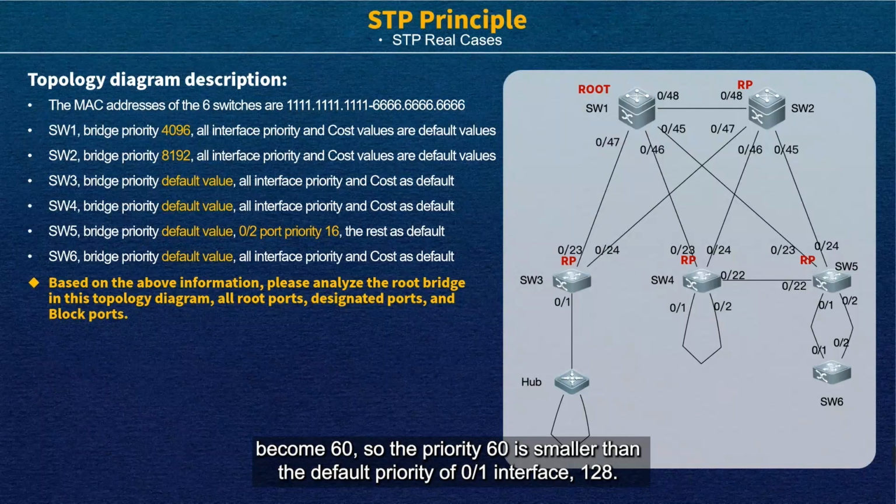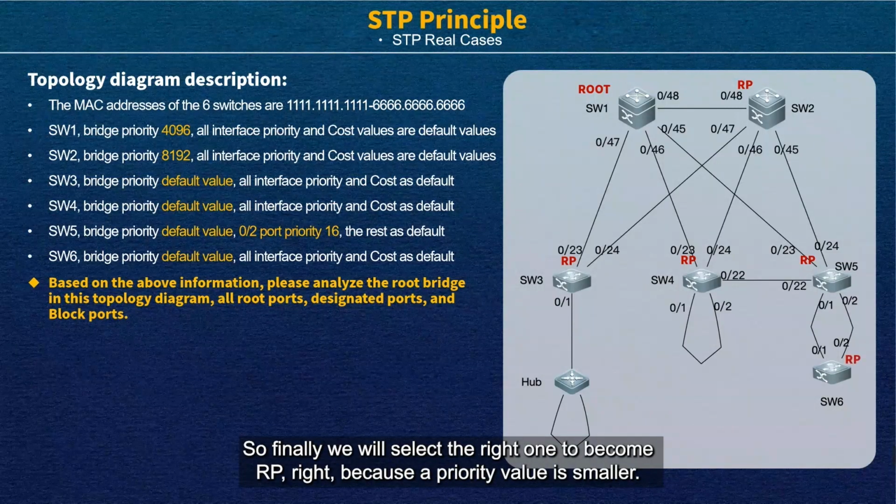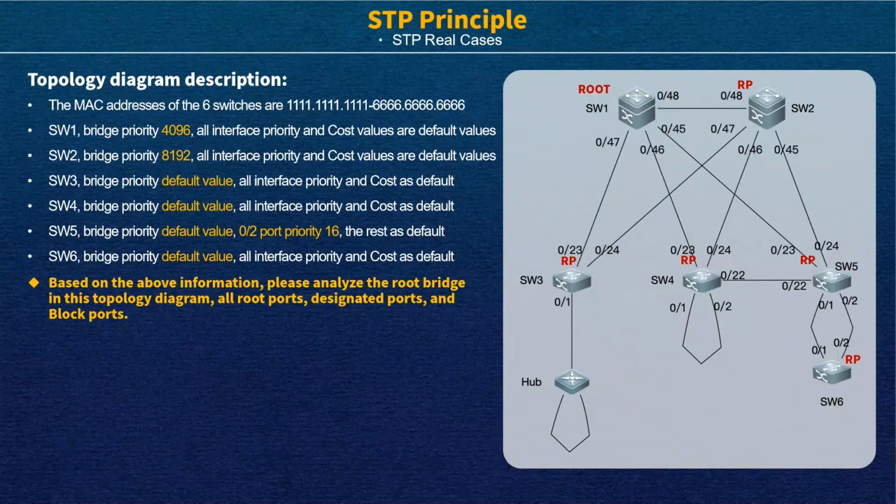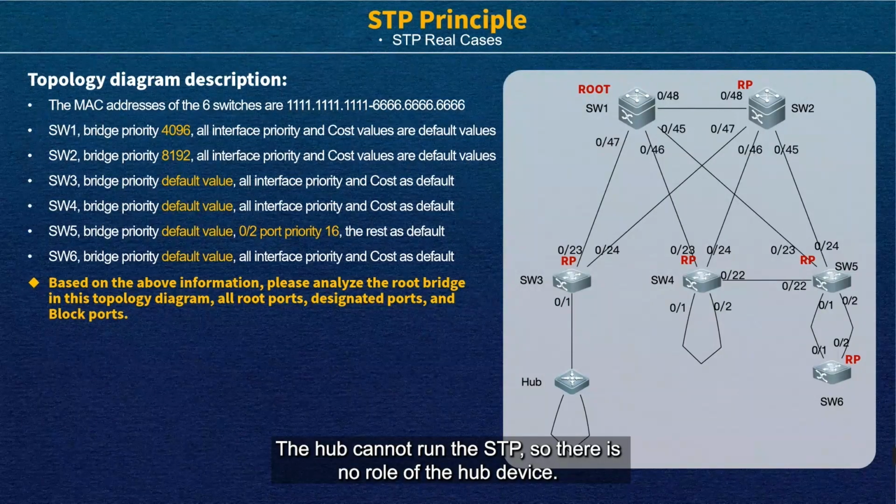So priority 16 is smaller than the default priority 128 of the first interface. So finally, we will select the right one to become the RP, right? Because the priority value is smaller.